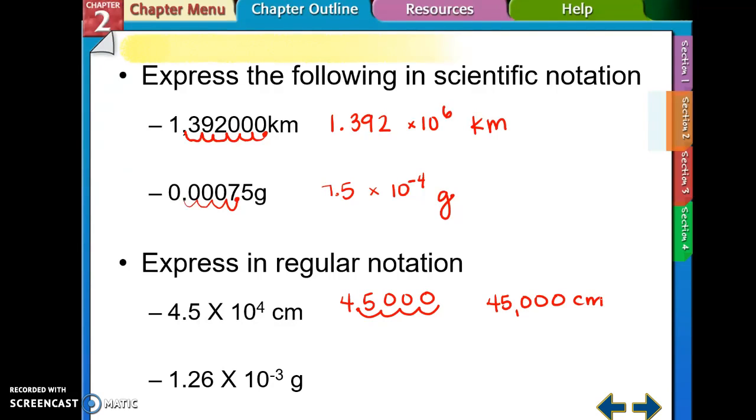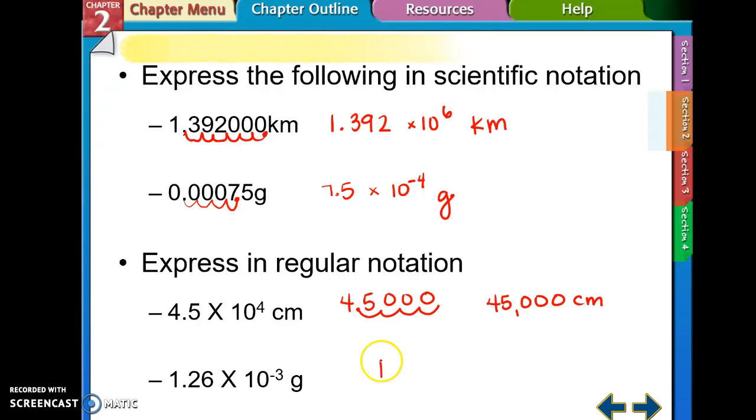And then I've got 1.26 times 10 to the negative 3rd grams. So what I'm going to do right there is say, okay, I've got 1.26, and this number is going to be smaller than 1 because it's got a negative exponent. So I'm going to move that decimal to the left to make it a smaller number.